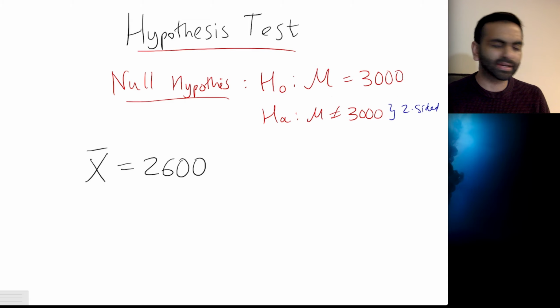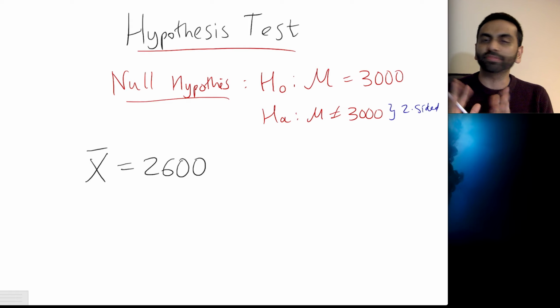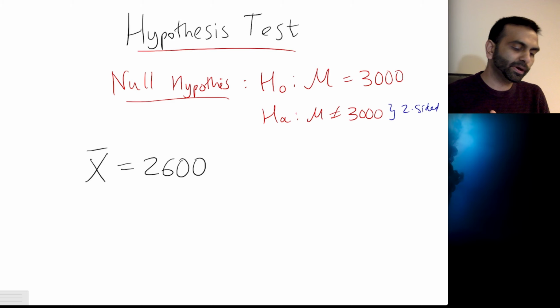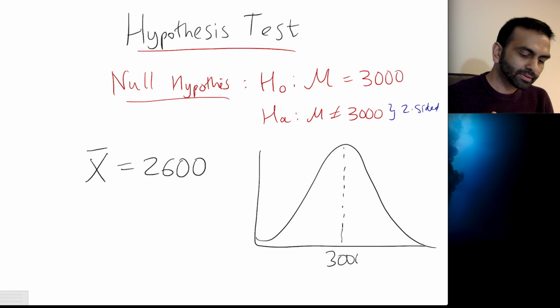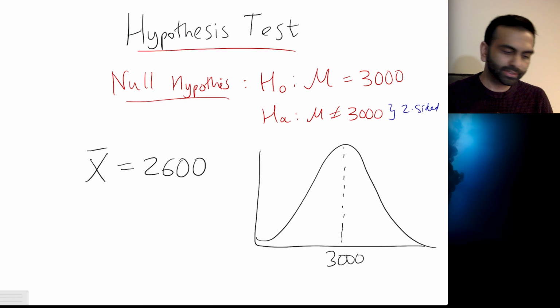So the logic of it is that, all right, let's go with our friend's logic, and let's just say, suppose you're right. Suppose the true thing is 3,000. Well, then the question is, what's the likelihood of me randomly collecting a sample and getting something that's 400 beds shy of your guess, right?